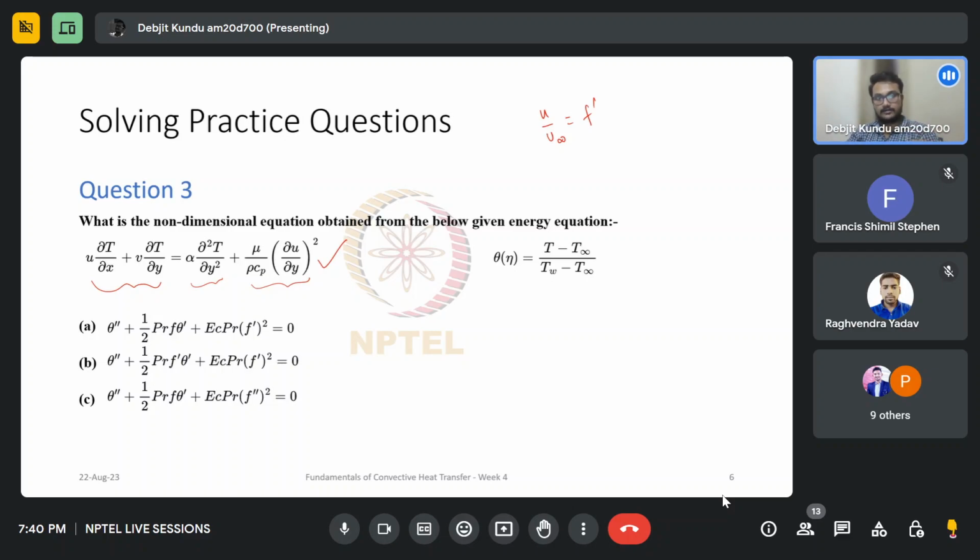If you can relate a few terms, you can get a hint which of these equations would be the correct non-dimensional form. One hint I have already dropped: this equation, u over u infinity is equal to f prime. You have to do something with this.